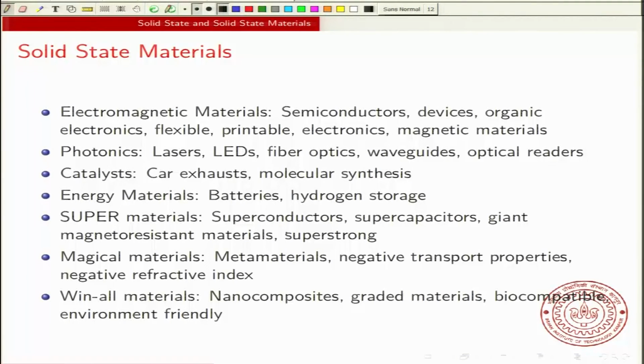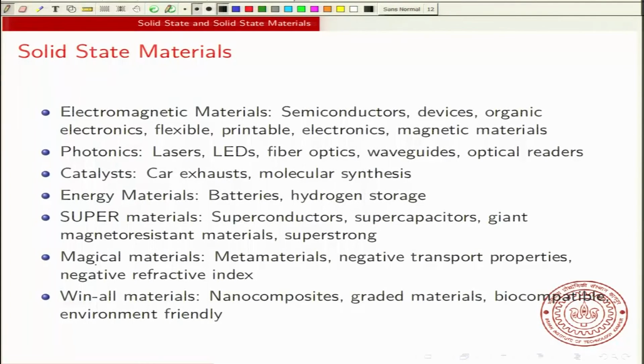You can have a supercapacitor, you can have giant magnetoresistant materials, the GMR materials, which are used in a lot of storage devices. You can have materials that are super strong. Again, these are solid state materials where for some reason or the other the properties are unexpectedly good.